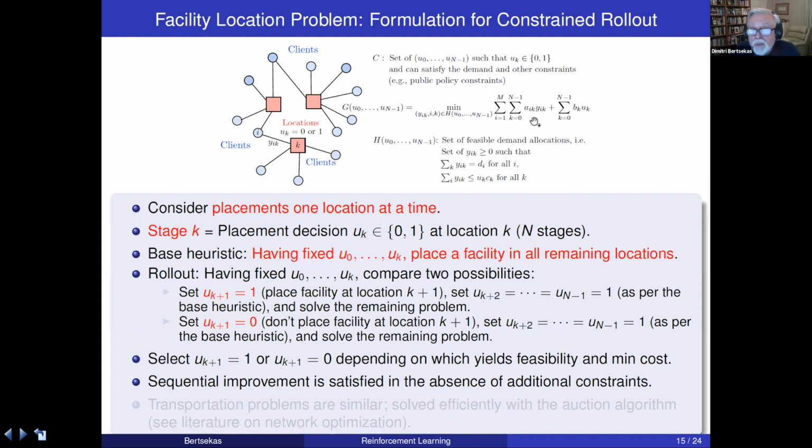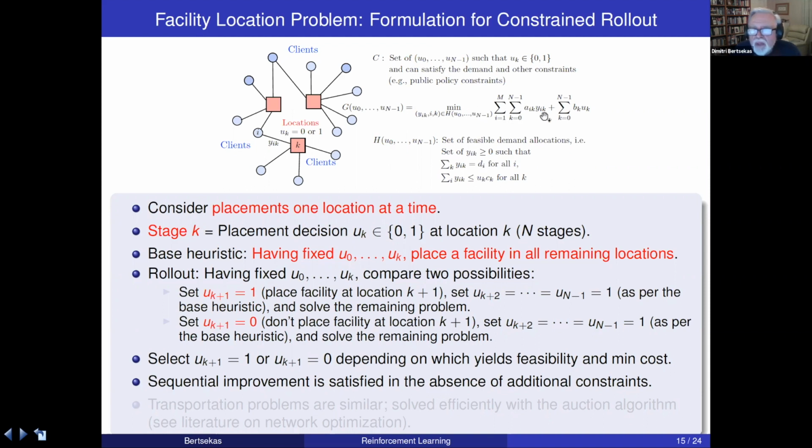And you have perhaps to consider simultaneously the choices of uk and yik. But because here this problem is simple, relatively speaking, you can follow the solution methodology that we have discussed.